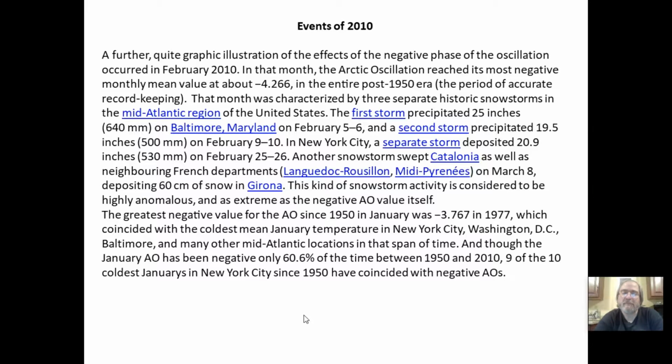The first storm precipitated 66.4 centimeters on Baltimore, Maryland, February 5 to 6, and the second storm, 50 centimeters on February 9 to 10.